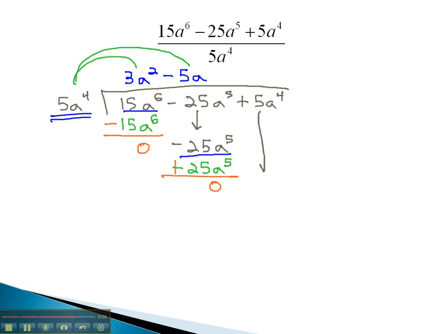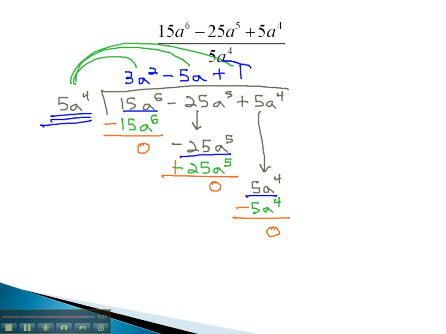Finally, bring down the last term, 5a to the 4th, and repeat the process one last time. Dividing 5a to the 4th by 5a to the 4th will give us positive 1. Multiplying that 1 by 5a to the 4th, changing the sign, and combining gives us 0.